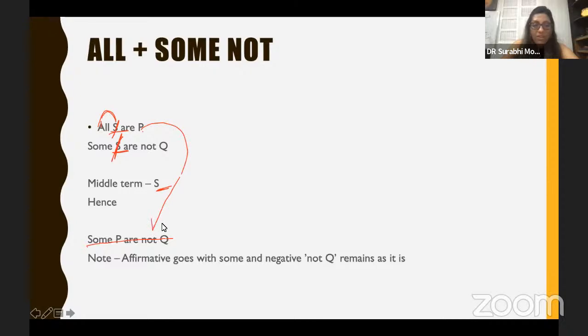The affirmative is written with some and the negative is written with not. So if the middle term is written with all, it's distributed. We remove the middle term. Our answer will be some P are not Q. Right?